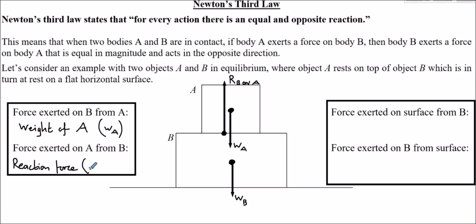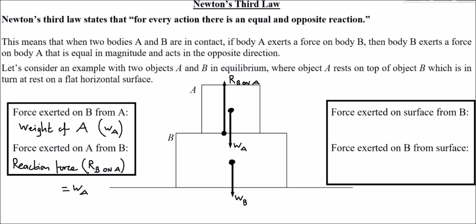So reaction force I've labelled reaction of B on A, but that must be equal and opposite to the weight to keep A in balance vertically. So that's the same as the weight of A.